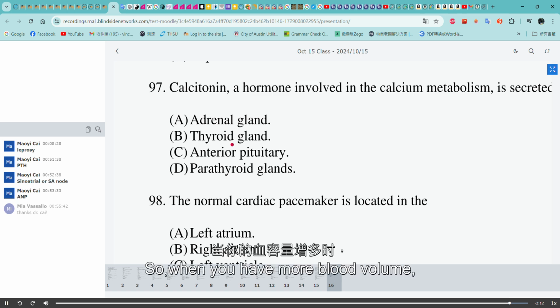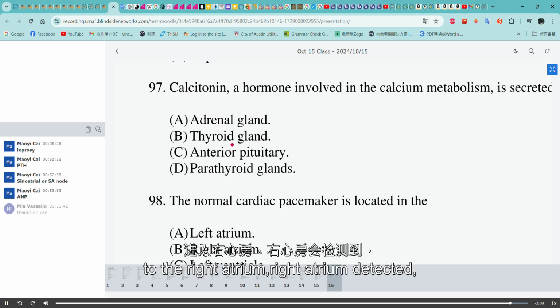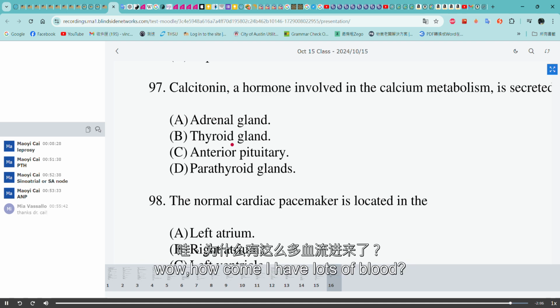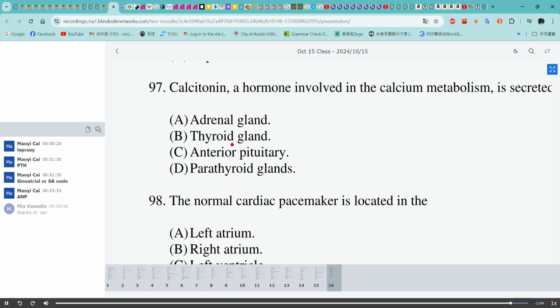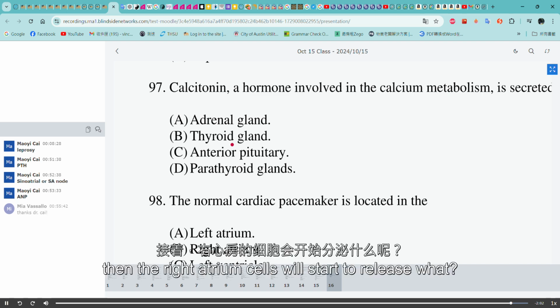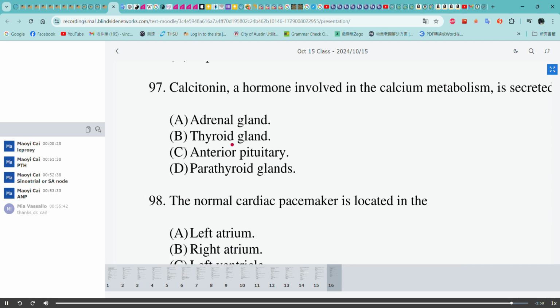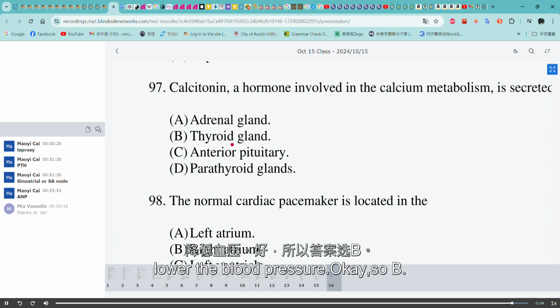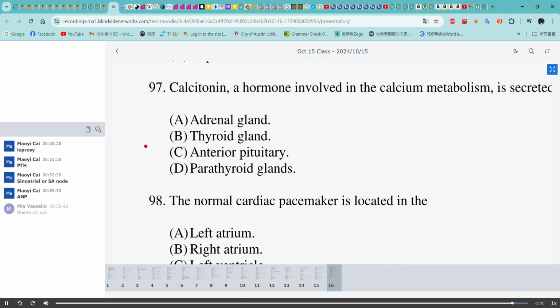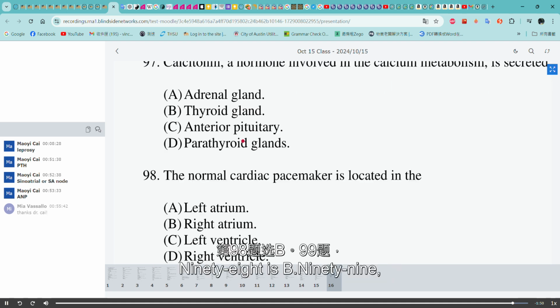When you have more blood volume flowing to the right atrium, it detects, wow, how come I have lots of blood? Blood pressure is very high. So then the right atrium cells start to release what? ANP. And ANP works against aldosterone, so it lowers the blood volume and lowers the blood pressure. Okay, so 98 is B.